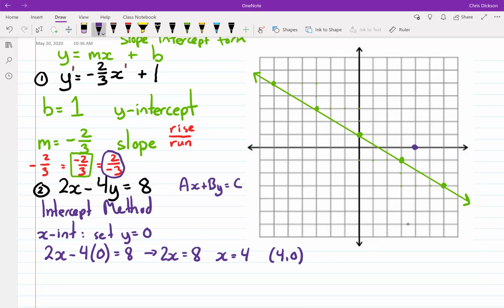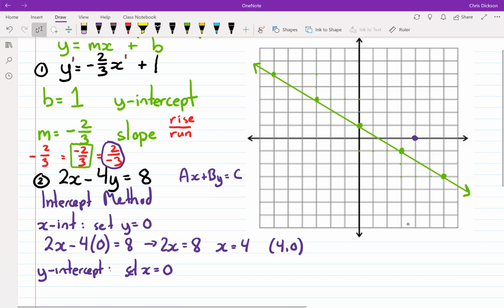And now I'm going to find my y-intercept. And of course, if the graph crosses the y-axis, the x value has to be 0. So I'm going to set x equal to 0 now. And so I say 2 times 0 minus 4y is equal to 8.